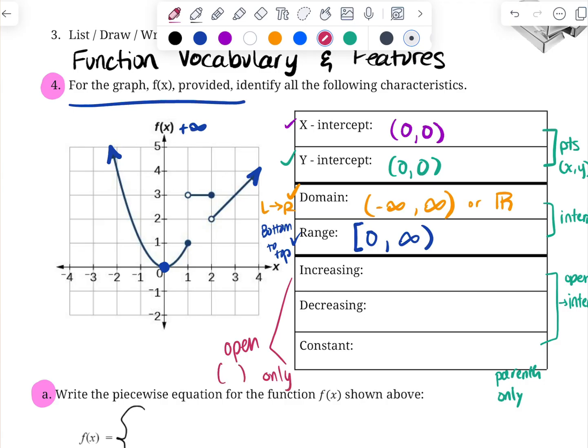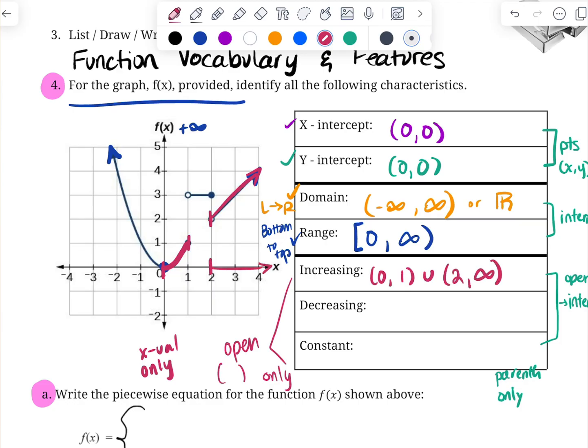Okay, so where are we increasing? Well, we're increasing here from 0 to 1. And remember, this is x values only, because increasing is what the y's are doing. I just want to know where, and where is x values. We are also increasing, so union, from 2 forever to the right, so towards infinity: 2 to infinity.